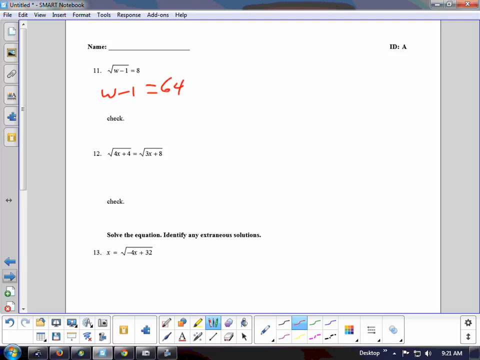Okay, what number minus 1 is 64? 65. Does it check? Well, let's see. Radical 65 minus 1 equals 8. Radical 64 equals 8. That's going to check. Okay, again, these are very doable. If the square root's by itself, square both sides.